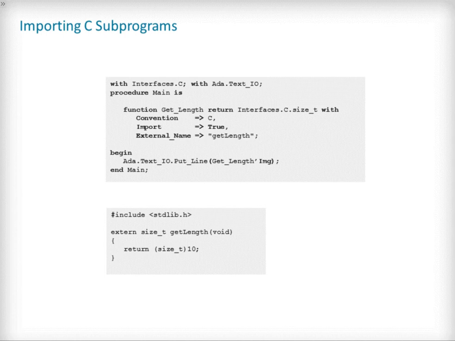The external name aspect has been used to identify the name of the subprogram in the C source code. The subsequent fragment of C code shows the subprogram implementation that returns the numeric value 10. The body code of the Ada main program calls the imported C function using the Ada entity identifier, which causes the value 10 to be output.